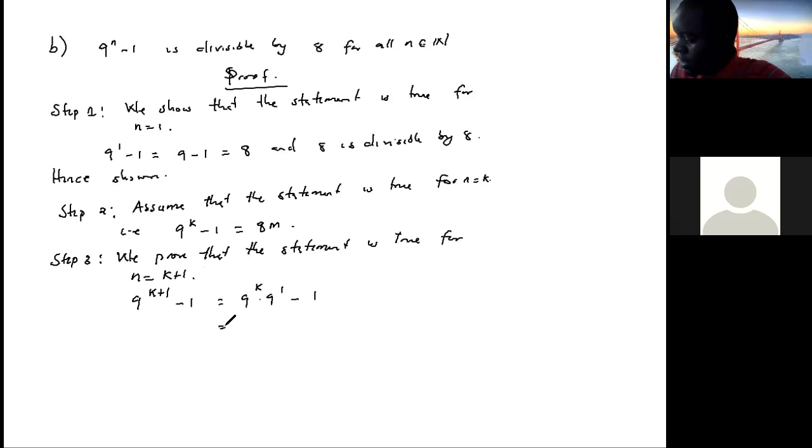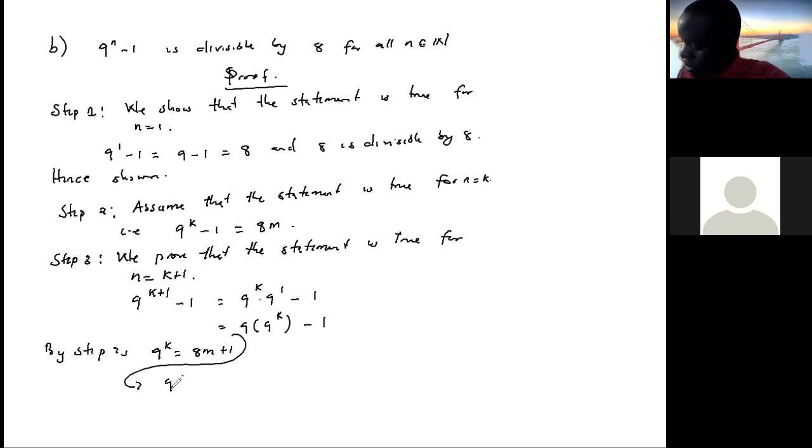So 9 to the power 1 is just 9. And so what we have is 9 times 9 to the power k, minus 1, like that. So if we go back to step 2, you can say by step 2 that 9 to the power k is the same as 8m plus 1. So you can get that and substitute. Where there is 9 to the power k, we put 8m plus 1.